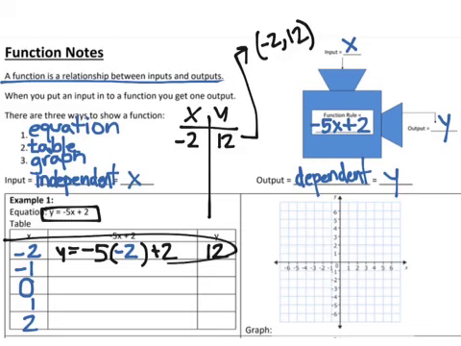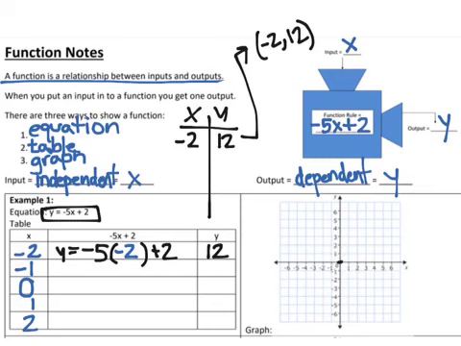And that's basically what we got from doing that little bit there. And we could try to plot that on the graph. If we go -2, 12, there's going to be a point right about up there. So that's another reason that it's good to keep stuff toward the center here.